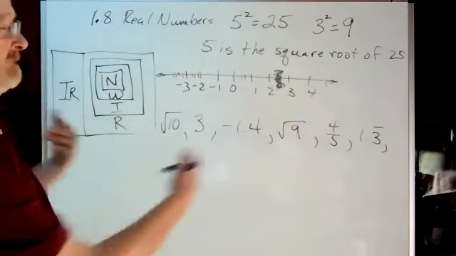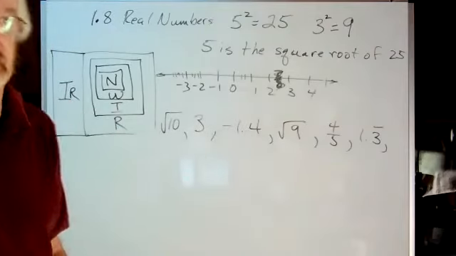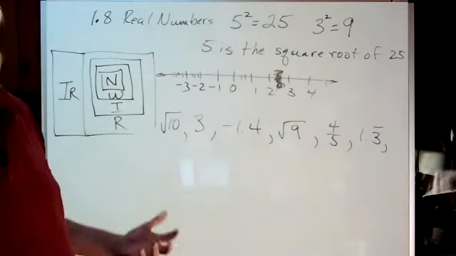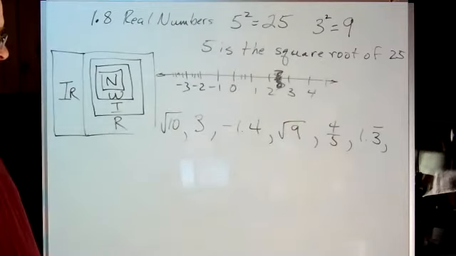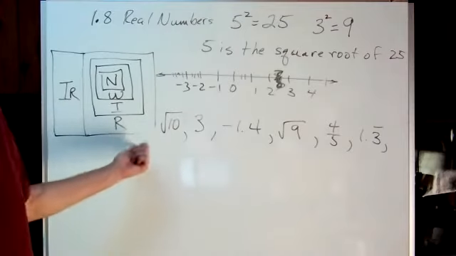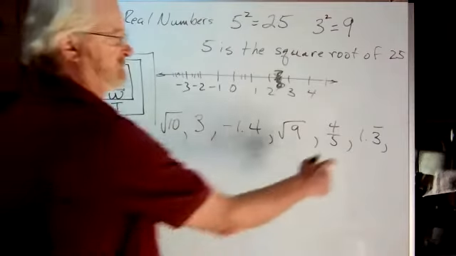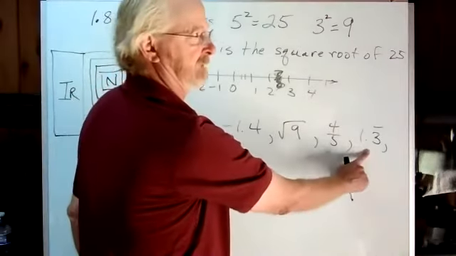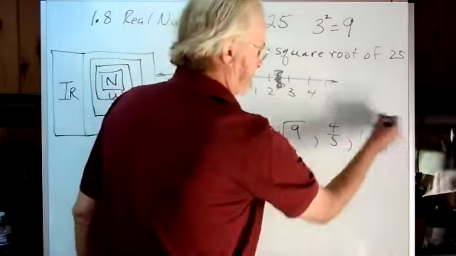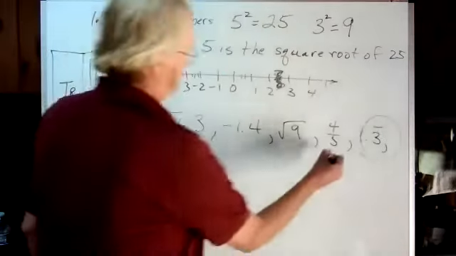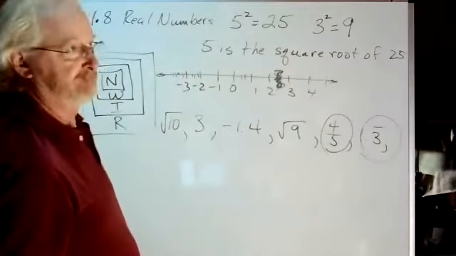Which ones of these are rational numbers? Which ones of these can I make look like a fraction? I'm going to start backwards since I put my exception on the end. Here's that repeated decimal, 1.3333. Repeated decimal, yes, it's a rational number. Here's a fraction, obvious, definitely a rational number.